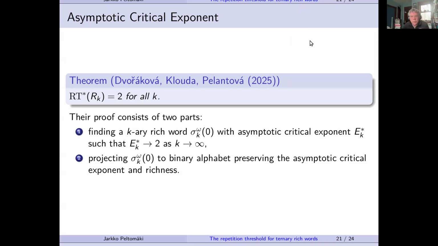Yeah, I was just wondering whether there's any hope to prove that this number for alphabet size k is going to be the zero of a polynomial of degree k or something like this. Yeah, I mean, I don't know.